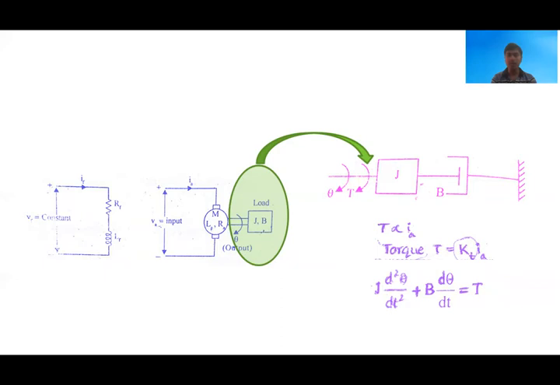Therefore, J d square theta by dt square plus B d theta by dt is equal to T. And also we know that the back EMF is directly proportional to the angular velocity. EB is equal to Kb into d theta by dt.